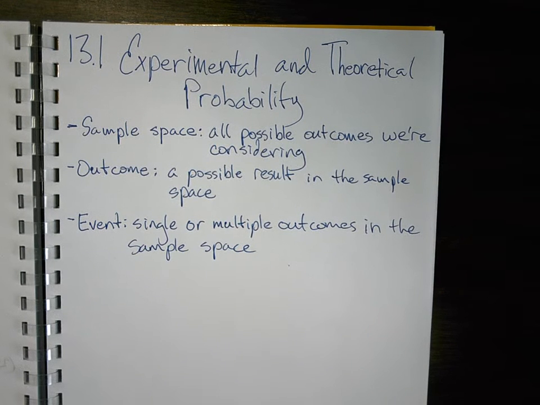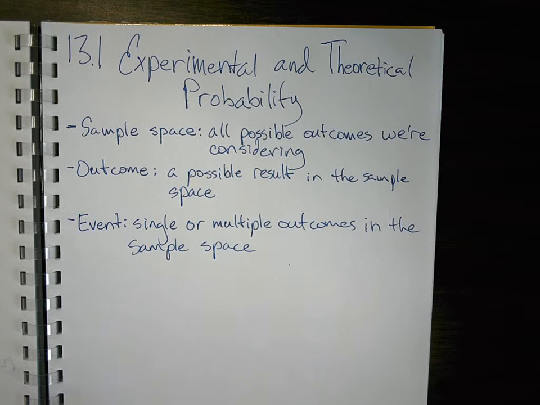Okay, so an event, when I roll the single 6-sided die, might be, well, just like an outcome, I'm rolling a 2, or it might be multiple outcomes. I'm rolling, what's the probability that I roll an even number? What's the probability that, when I roll 2 dice at the same time, the sum adds up to 10, let's say? Stuff like that. Those would be multiple outcomes in a single sample space.